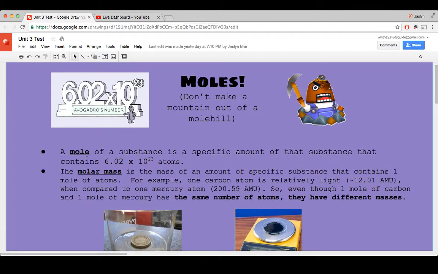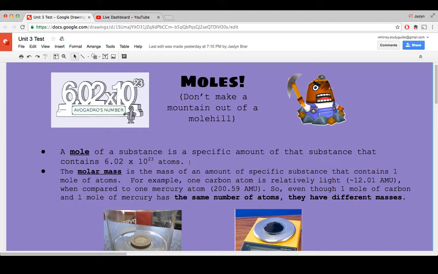So a mole of a substance is a specific amount of that substance that contains 6.02 times 10 to the 23rd atoms. So really, a mole is just another way of measuring something. It's just another grouping, if you will. It's just like a dozen, a ream of paper, or one gross.